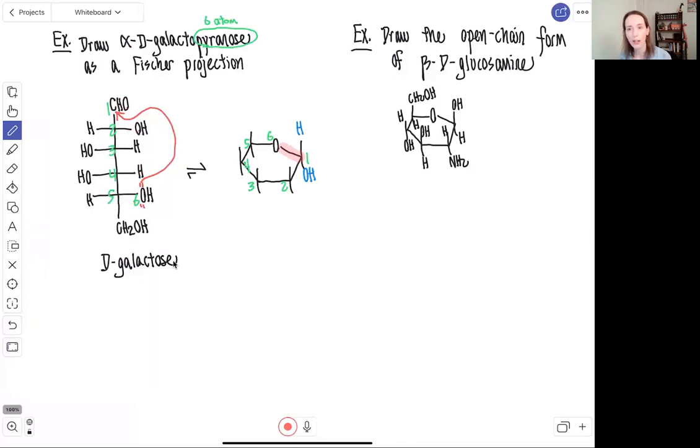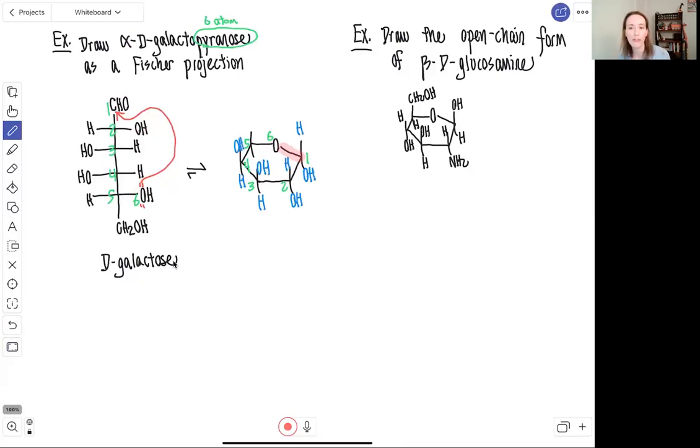At position 2, there's a hydroxy group on the right, so that's going to be oriented downward. At position 3, we have a hydrogen atom on the right, so that's going to be downward. At position 4, we have a hydrogen on the right, so that's also oriented downward. Right equals down when we make the ring.